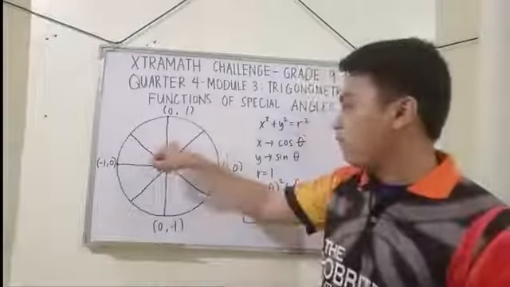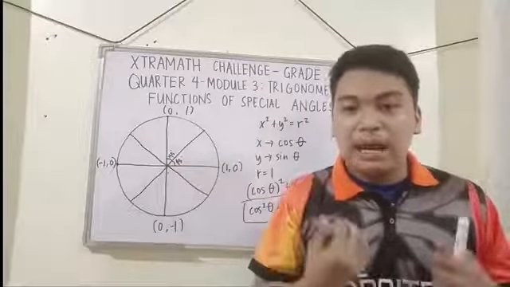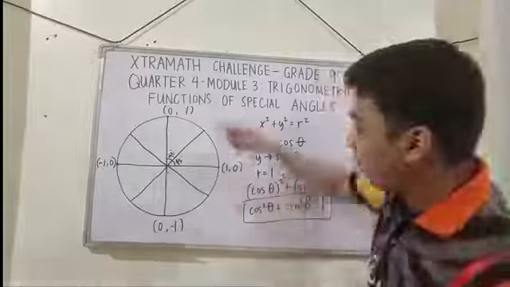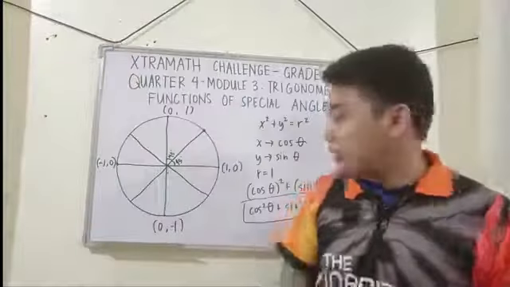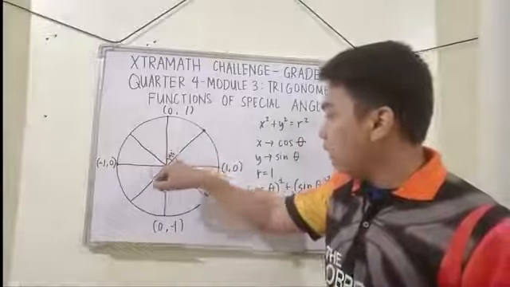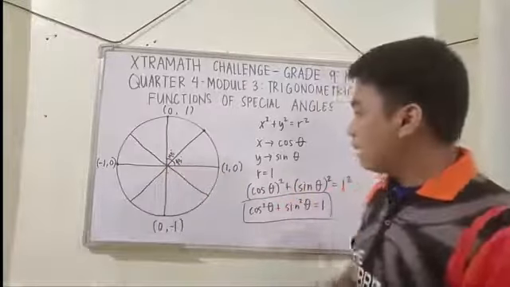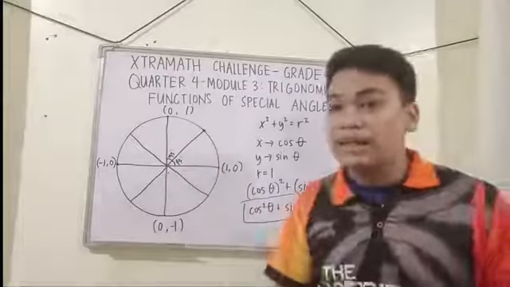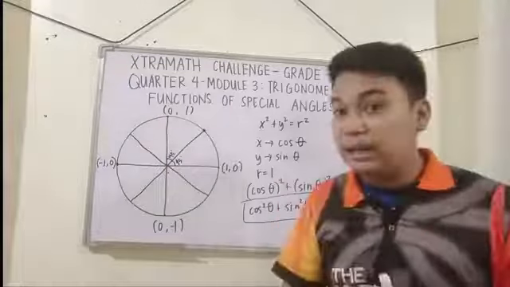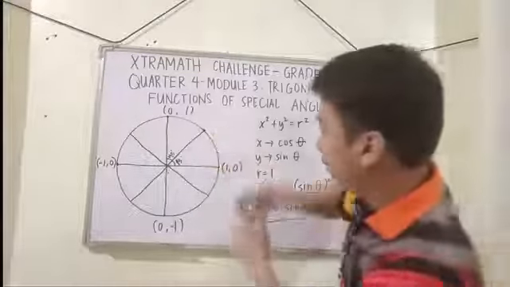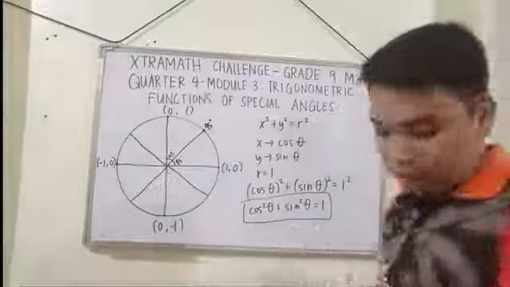If this is 45 degrees and this is also 45 degrees, we can say that the values of sine and cosine for this coordinate must be equal, because the angle here is equal to the angle here. So the sine of a certain angle is equal to the cosine of the angle here. So this is 45 degrees.